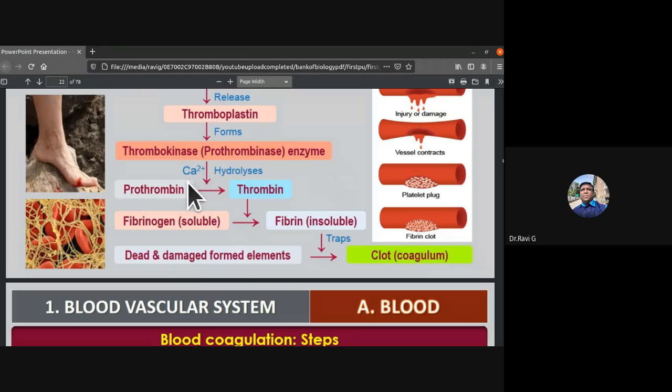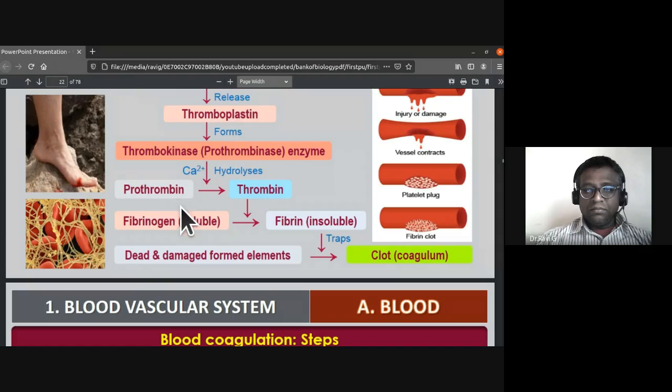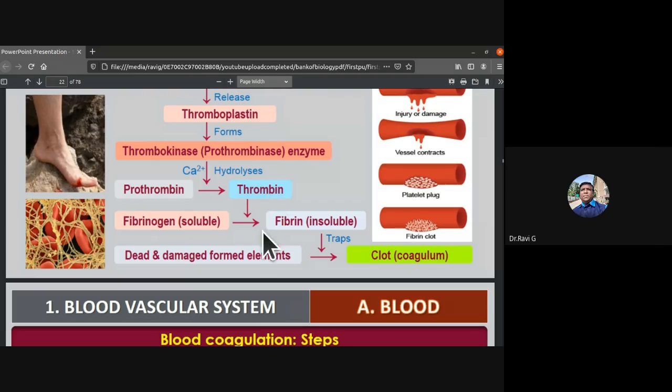This enzyme, in the presence of calcium ions, hydrolyzes prothrombin to thrombin.